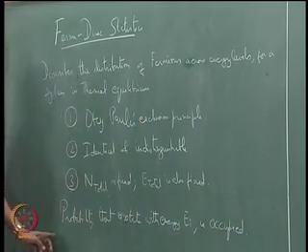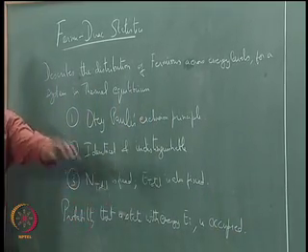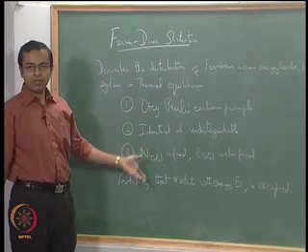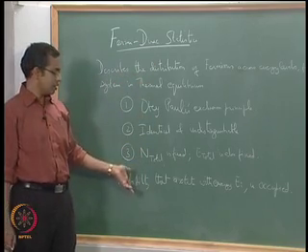So we wish to find out what is the probability that a state with energy Ei is occupied. This is the piece of information that we wish to find out. This is the framework within which we are going to do this calculation. So this is how we will go about it.